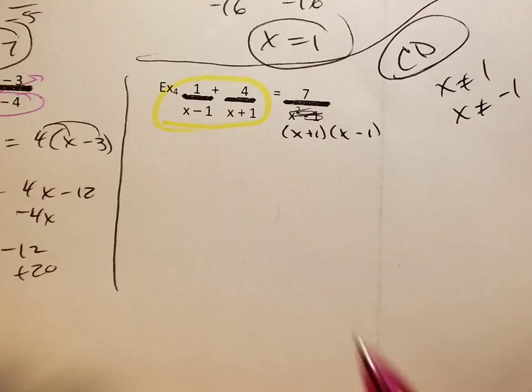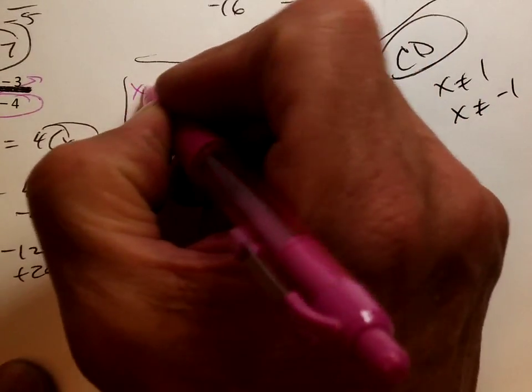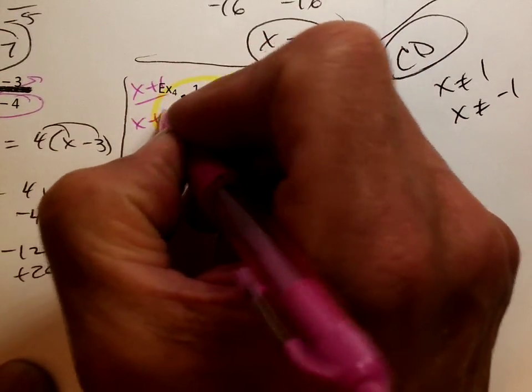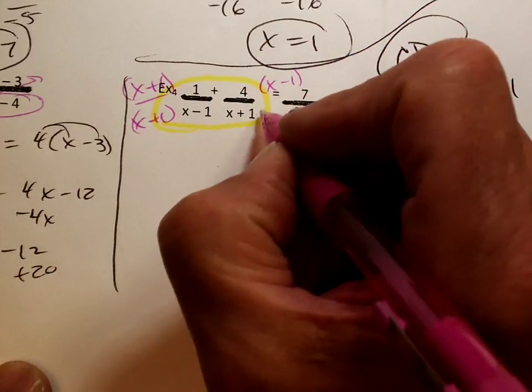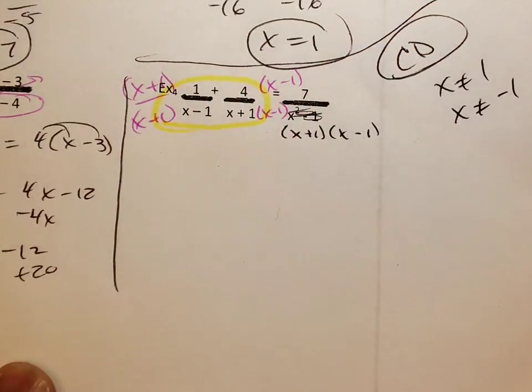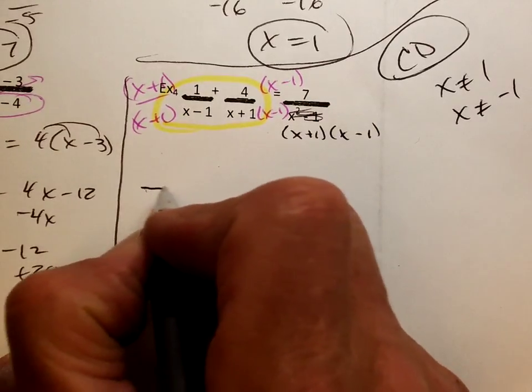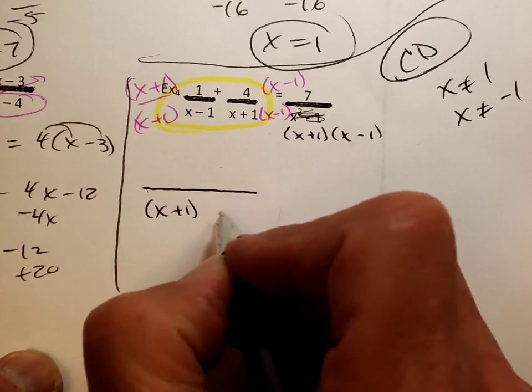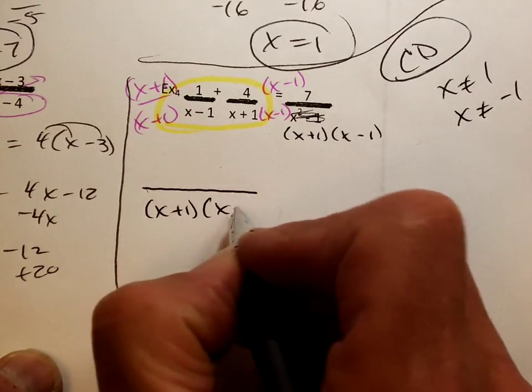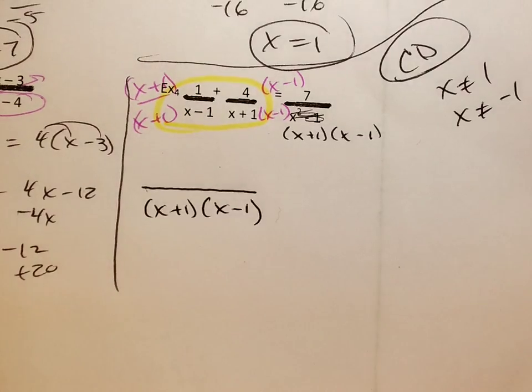So let's give the first fraction an x plus 1 over x plus 1. The second fraction, let's give it an x minus 1 over an x minus 1. Squeeze it in there. So now I have a common denominator of (x plus 1)(x minus 1). Okay, that's my common denominator.